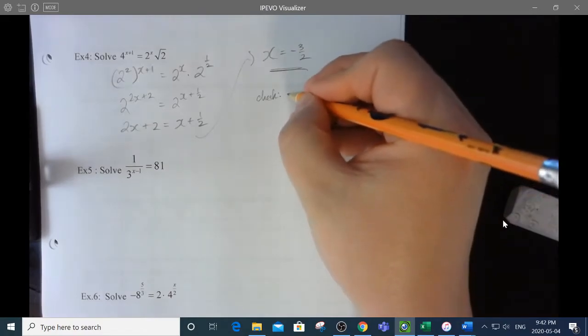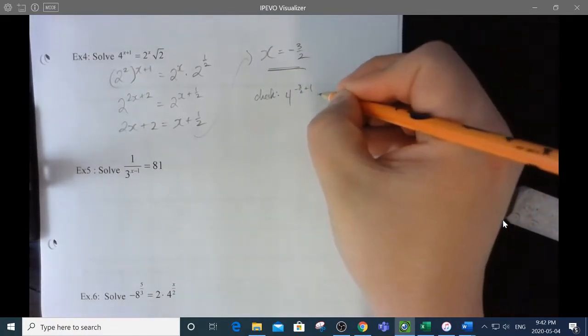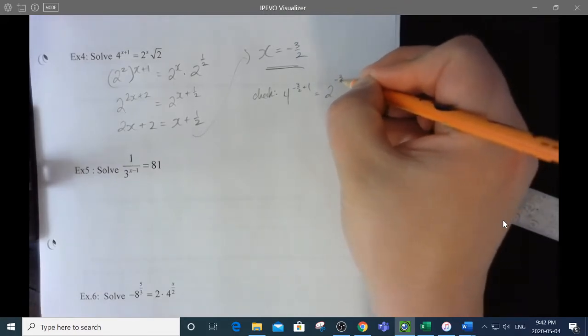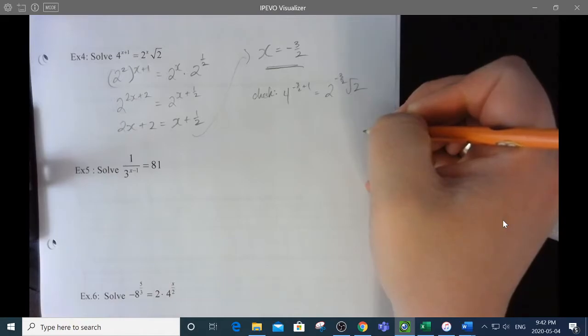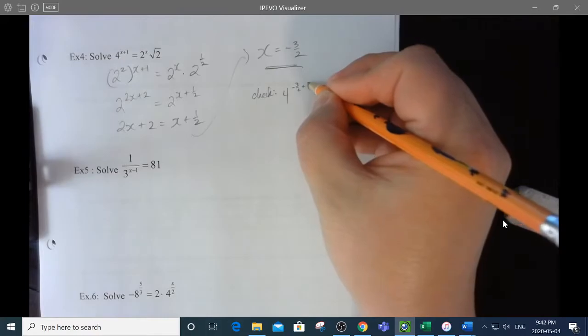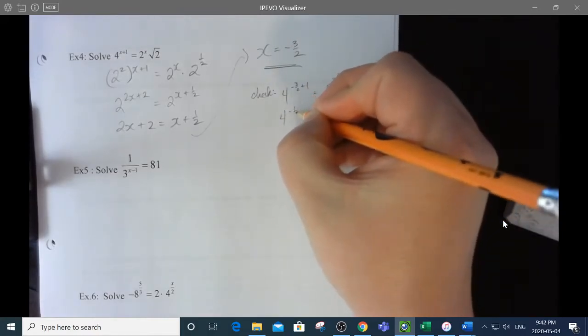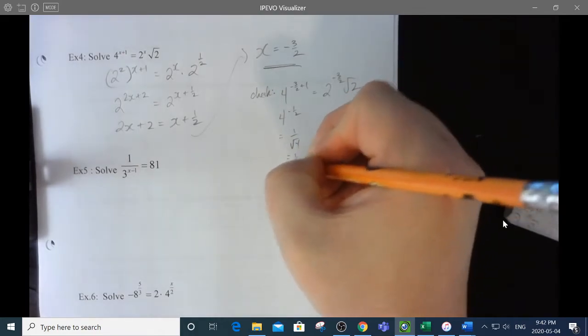Let's see. That's 4 to the negative 3 halves plus 1 is equal to 2 to the negative 3 halves root 2. Well, isn't that special? That's negative 3 halves plus, remember 1 is 2 halves, so that's 4 to the negative 1/2, which is 1 over the square root of 4, which is 1/2.